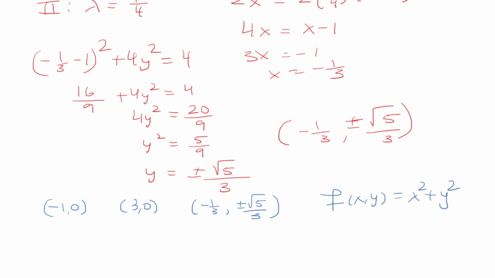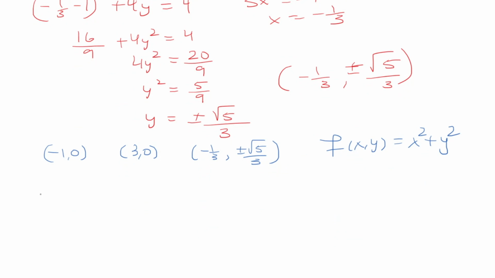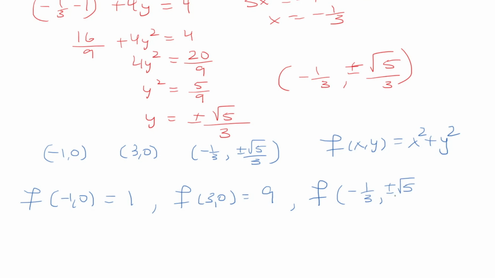Let's plug it in and figure out what happens. So for negative 1, 0, we get 1 if we plug it in here. For f of 3, 0, we get 9. And then for the last one, we don't care if the y value is positive or negative because we're going to be squaring it. So you're going to get the same answer regardless. For that, you get 2/3.